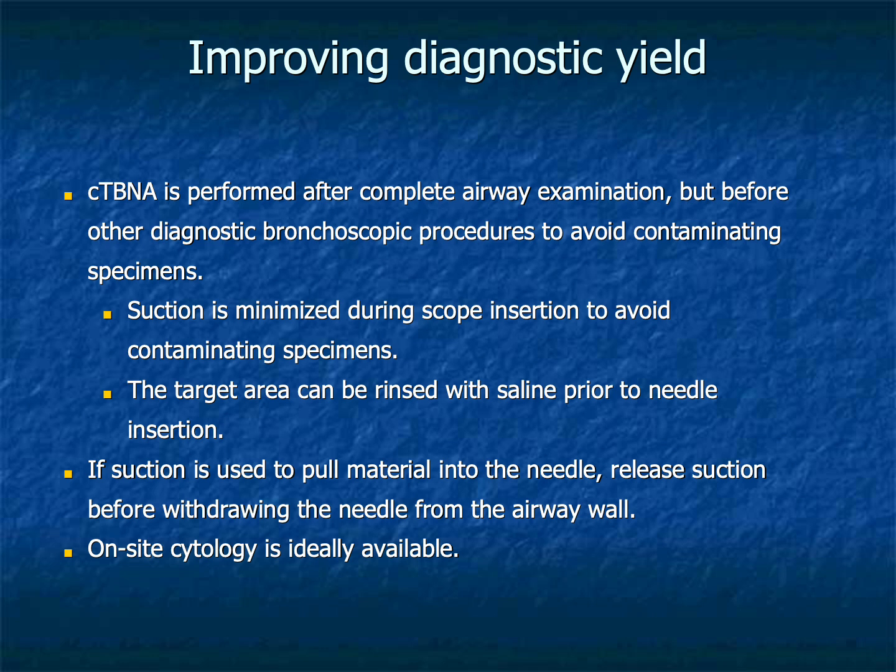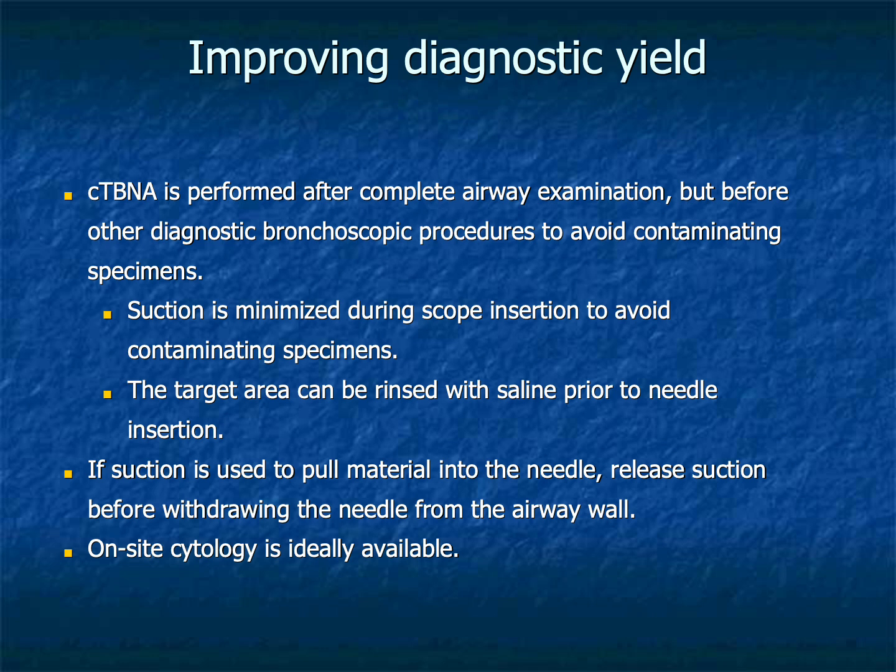Technical success begins before the first needle pass. Conventional TBNA should generally be performed after completing the diagnostic airway examination, but before brushing, lavage, or forceps biopsy. This minimizes contamination of cytology specimens by blood or exfoliated epithelial cells, or any mitotic structures.